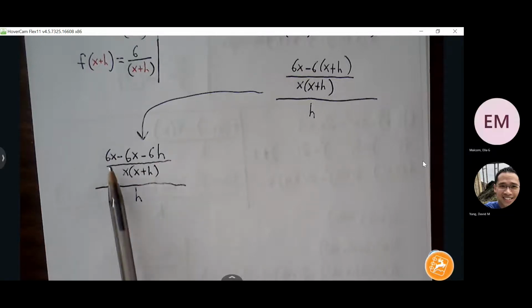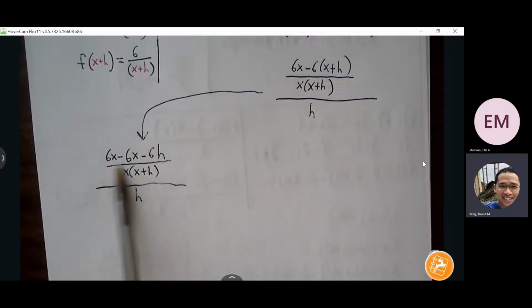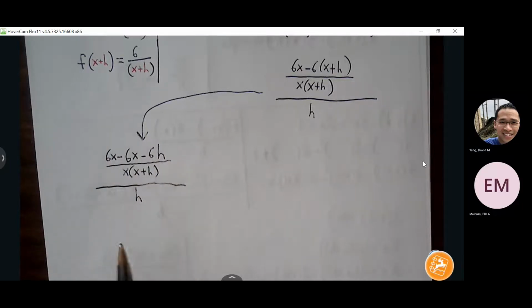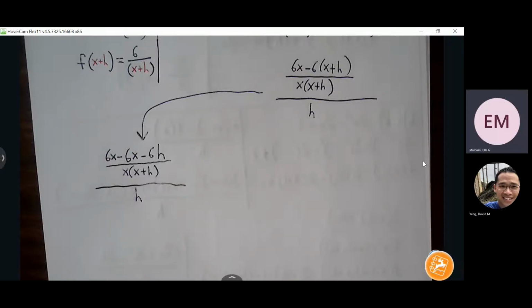Is there anything that we can clean up here, or any like terms that you see? Oh, we can do 6x minus 6x would be 0.